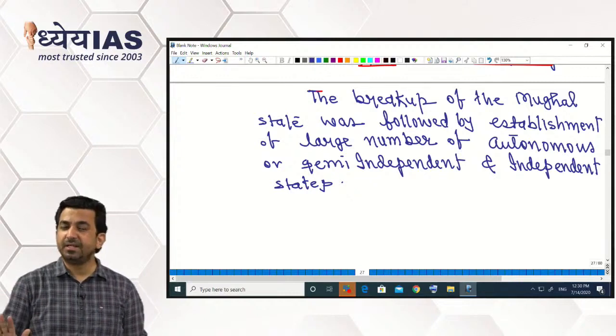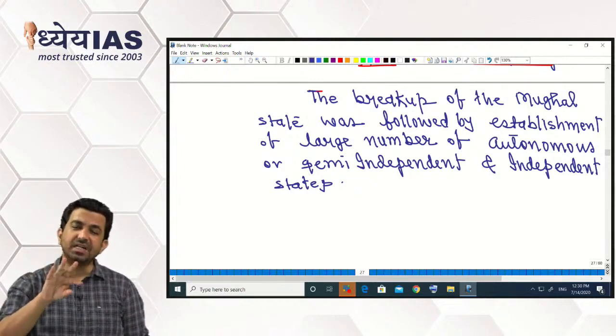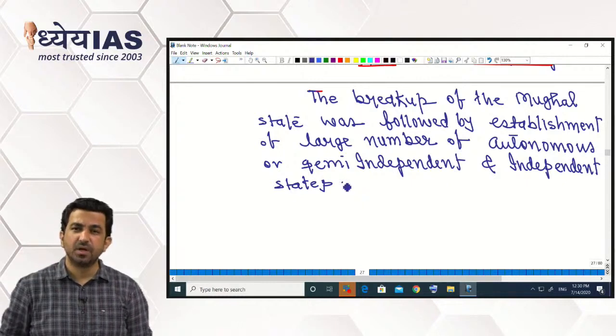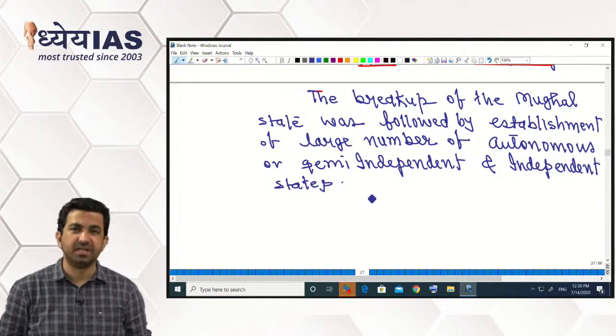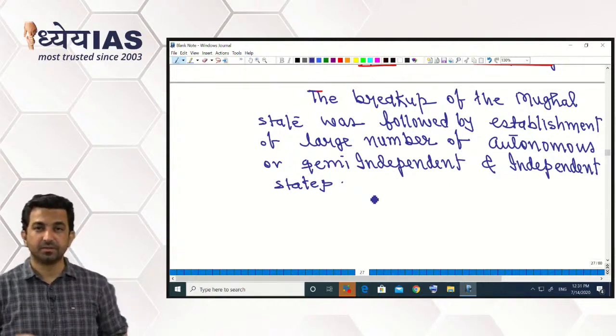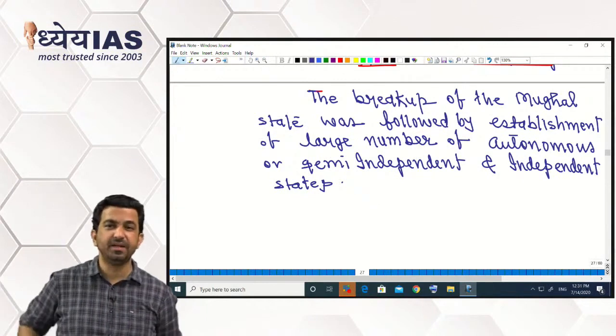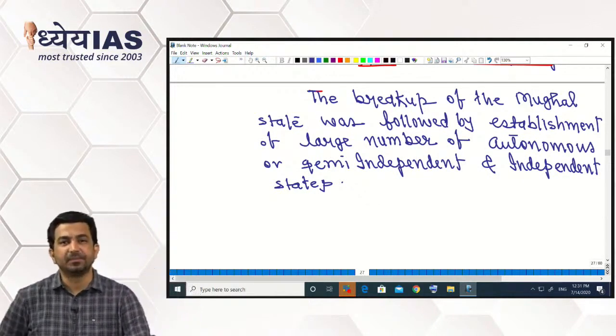It took not more than 30 or 40 years for the Mughal Empire to decline rapidly, when Aurangzeb Alamgir died in the year 1707.